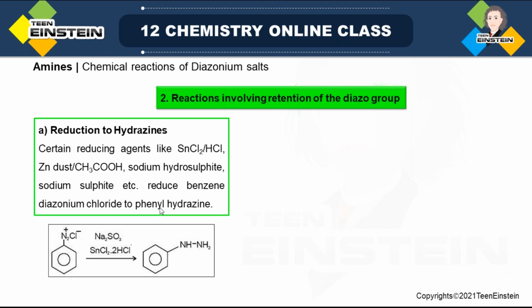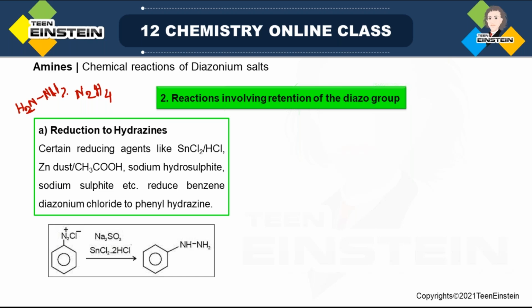The first method under this category is reduction to hydrazine. Hydrazine, if you simply write it, is basically the molecule N2H4. You can also draw the structure like this.